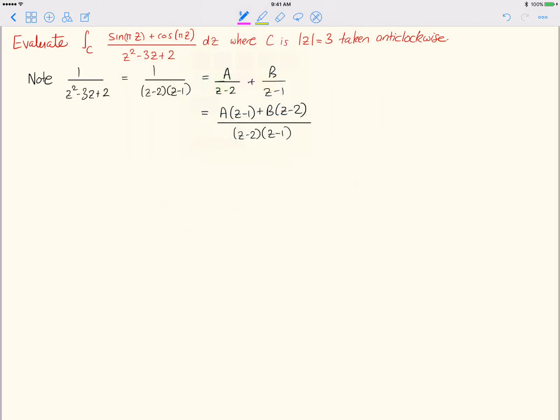And you can see that the denominator of this fraction is equal to the denominator of this fraction, right? So logically, in order for both fractions to be equal, their numerators should be equal as well. So this implies that 1 should equal this.